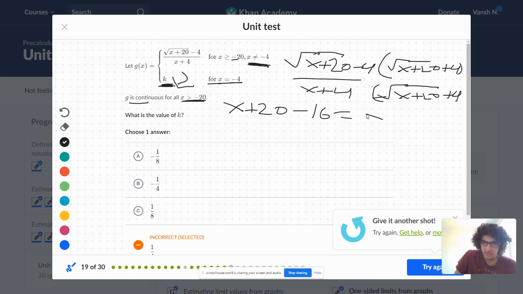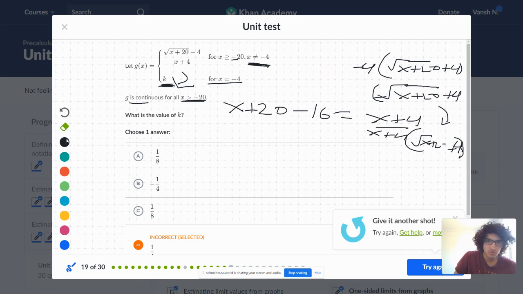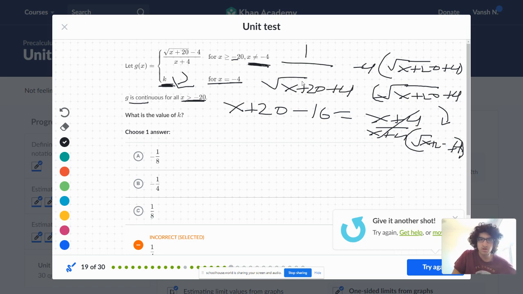That's equal to x plus 4 over x plus 4 times root of x plus 20 plus 4. And then x plus 4 is going to cancel, so we have 1 over root of x plus 20 plus 4.